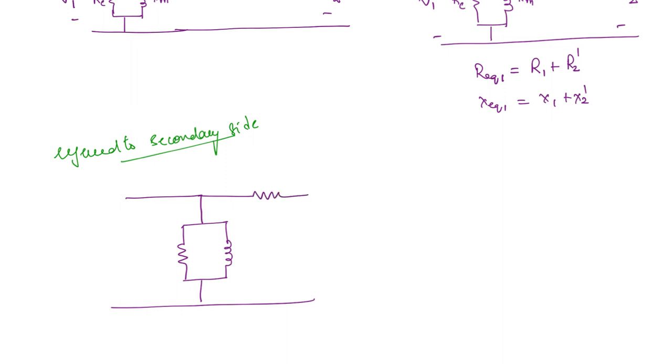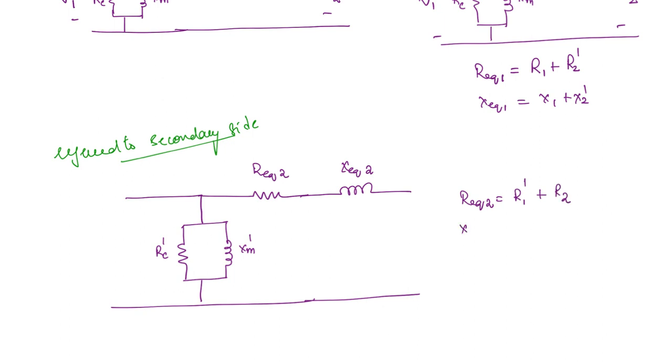This is going to be R equivalent 2, that is being referred to the secondary side, and this is X equivalent 2. And what about this? This is RC dash and this is XM dash. So what is R equivalent 2 here? This is R1 dash plus R2. X equivalent 2 is X1 dash plus X2.